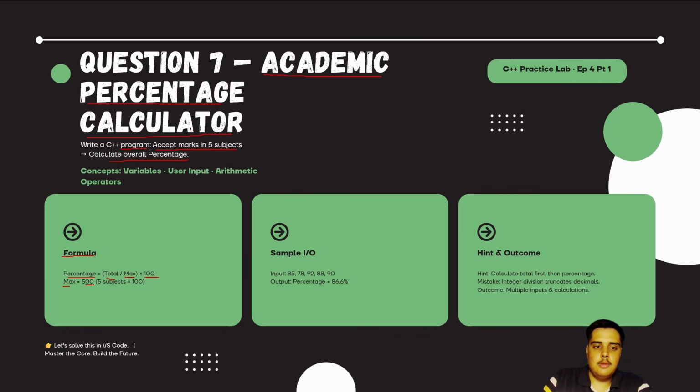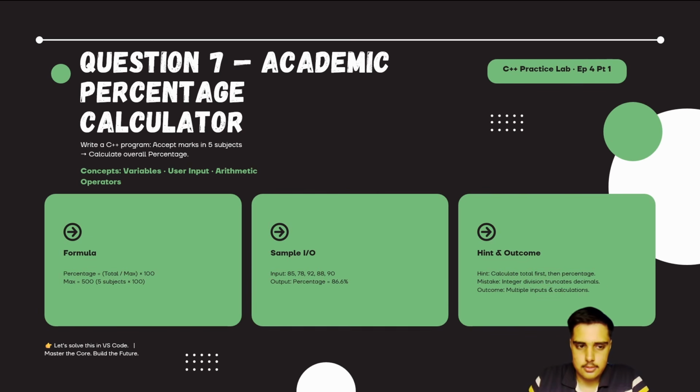Let's say max will be 500 only, because it is 5 subjects into 100, which gives 500. We can also declare it. So now if we take input test cases, if we take these 5, this will be the output percentage. So we will check these numbers when we complete the code. The hint is: calculate total first, then percentage; integer division truncates decimals. And the outcome should be multiple inputs and calculations.